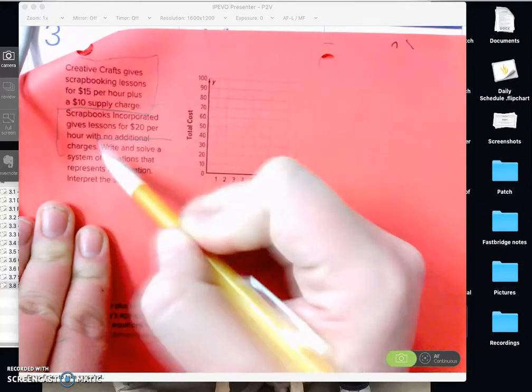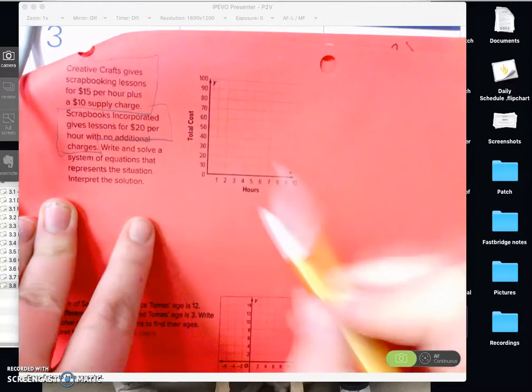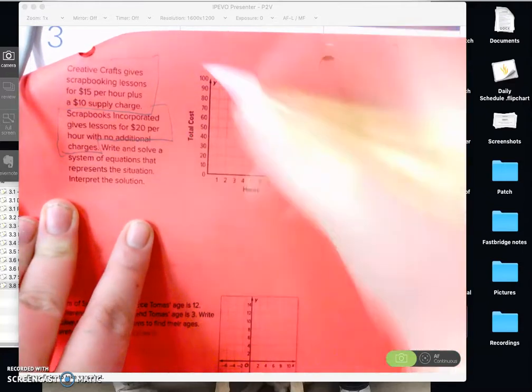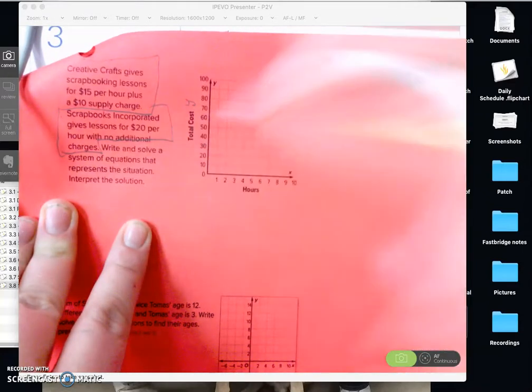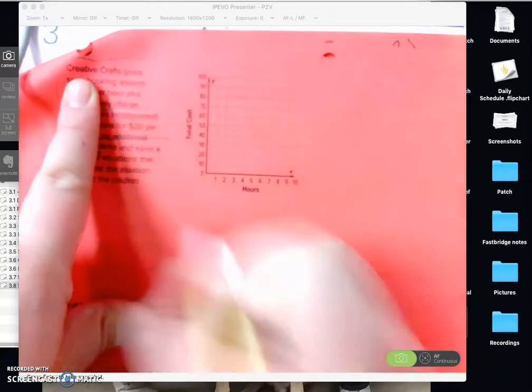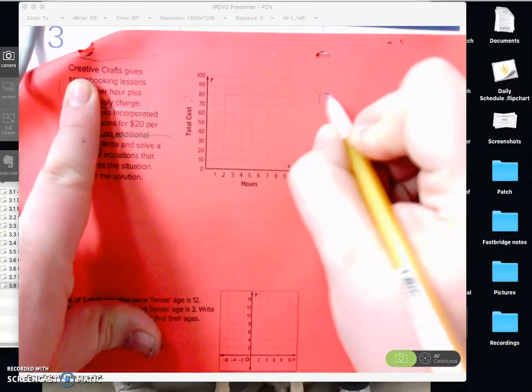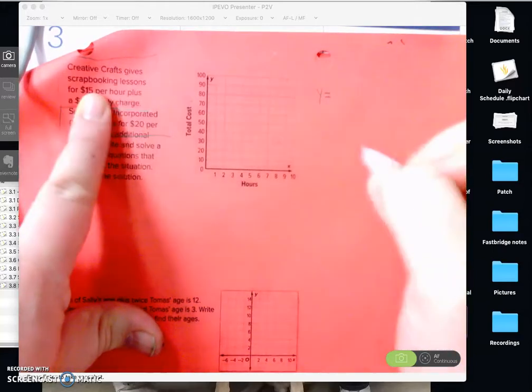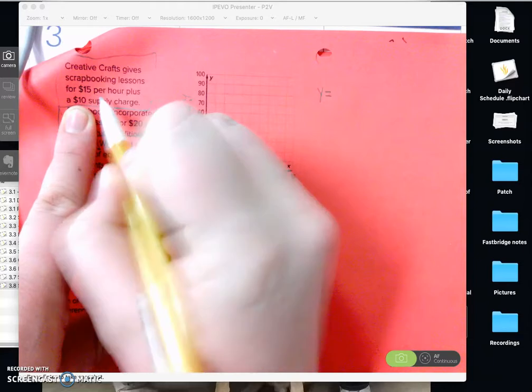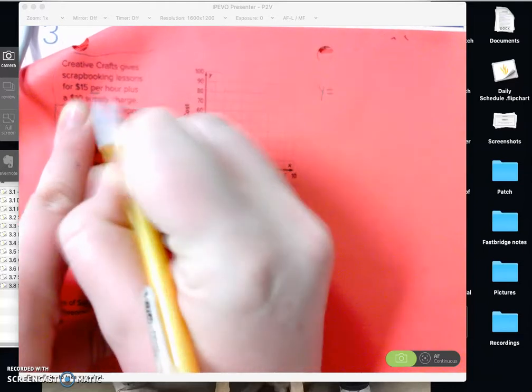So if you think about it, how are the two related, hours and total cost? Well, Y is going to be my total cost. So thinking about Creative Crafts, I need to write an equation where my total cost is going to be equal to something. Well, if I see the word per, that means that's going to be multiplied.